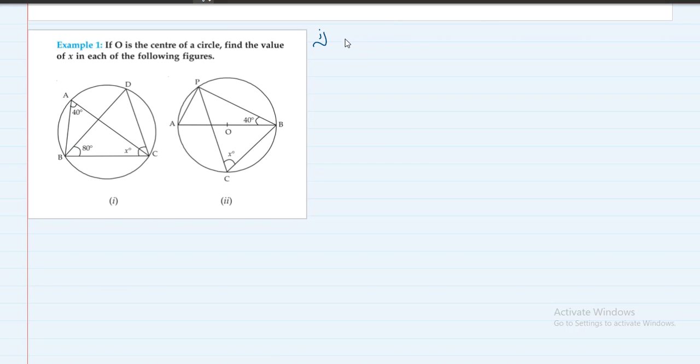Can I say that angle BAC in the first figure is equal to angle BDC? Can you tell me the reason why angle BAC is equal to angle BDC? Why are these two angles equal?